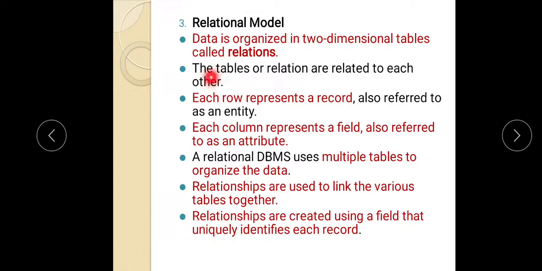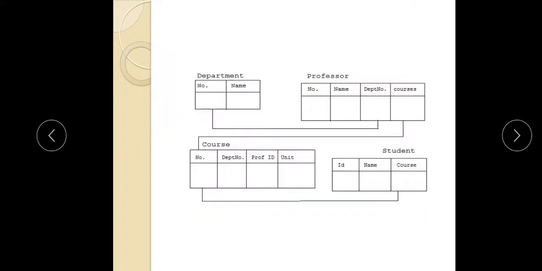In the relational model, the data is organized in tables called relations, and these tables are related to each other. There will be many tables, and all the tables have certain relationships, connections or associations. In a particular table, each row represents a record.